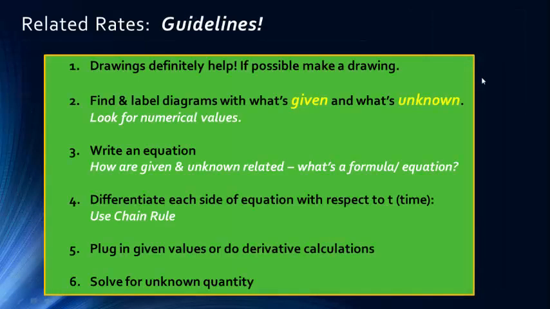All right, so remember, drawings definitely help. If possible, make a drawing. Then work through the word problem and find and label the diagrams with what's given. If you don't have a diagram, at least label the parts using variables that are representative of the picture or of the concepts, V for volume, R for radius, etc. Don't always use X and Y. It is foolish to do that because your brain likes patterns, your brain likes organization, and it gets that R equals radius.